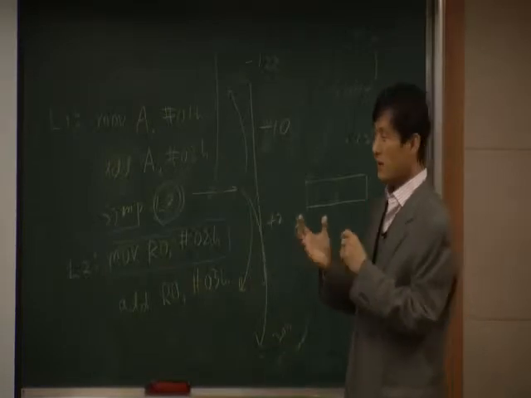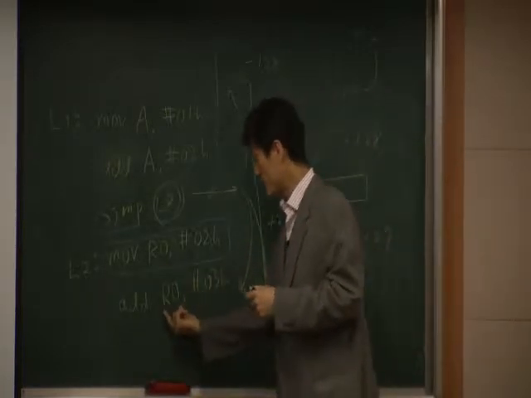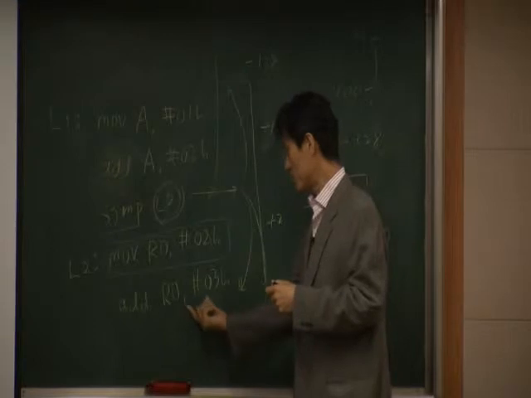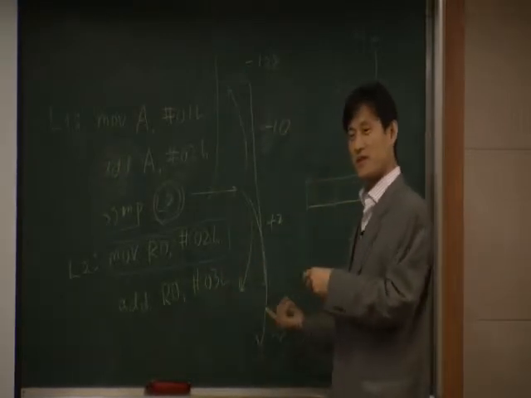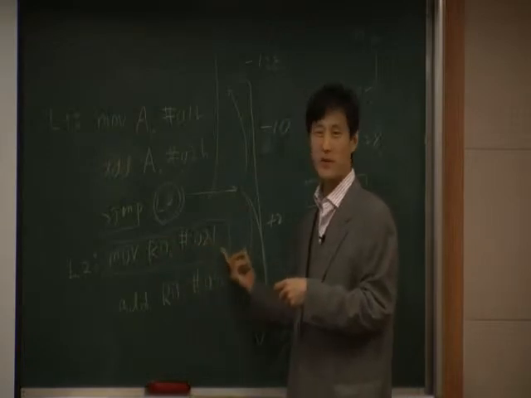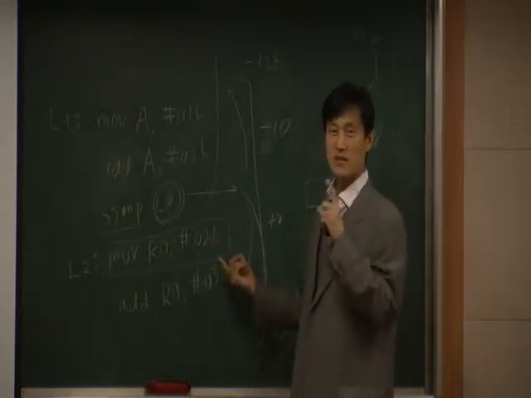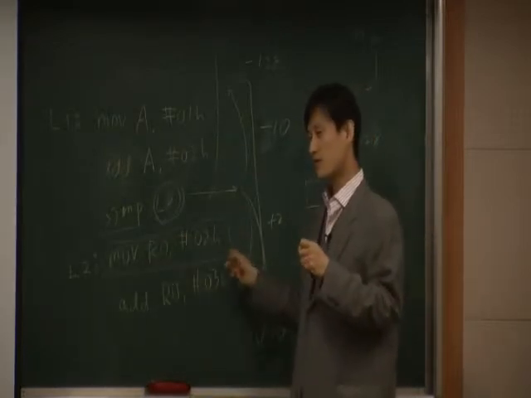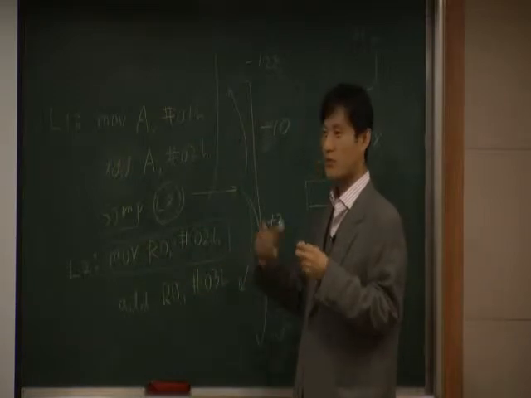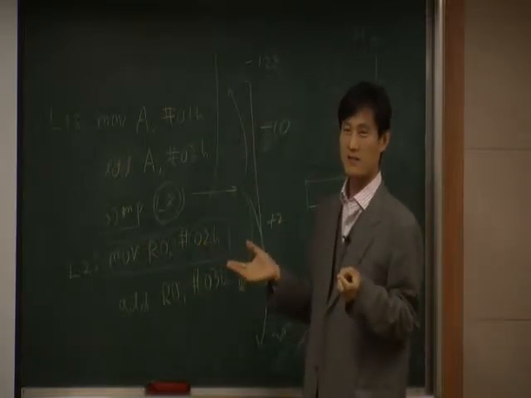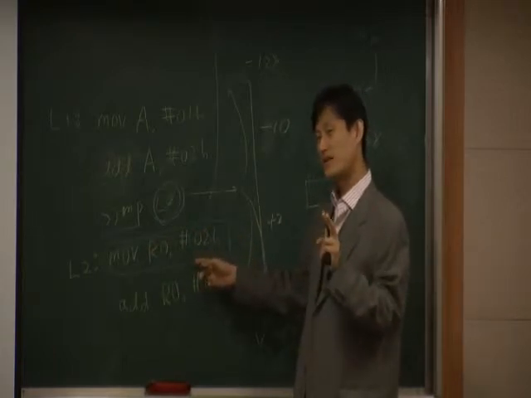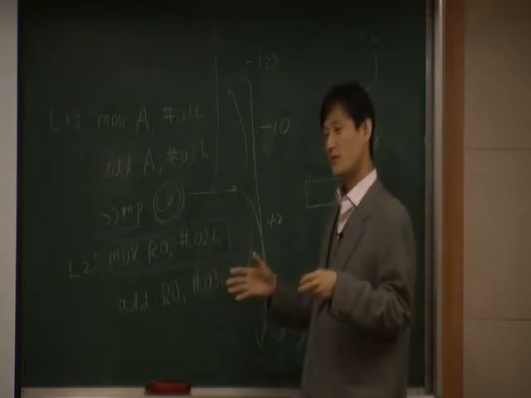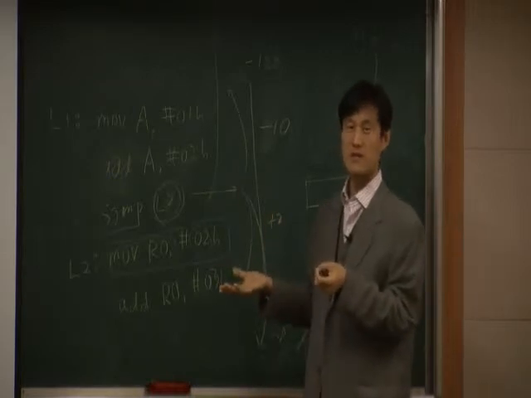In that case, sometimes you need to compare this value with another value, and if those 2 values are the same, then you jump somewhere else. So you may have multiple operands for some instructions, and in that case the instruction is probably 3 bytes or 4 bytes. This is a simple instruction, that's why you need only 2 bytes. For some other instructions, maybe you have 3 or 4 bytes.